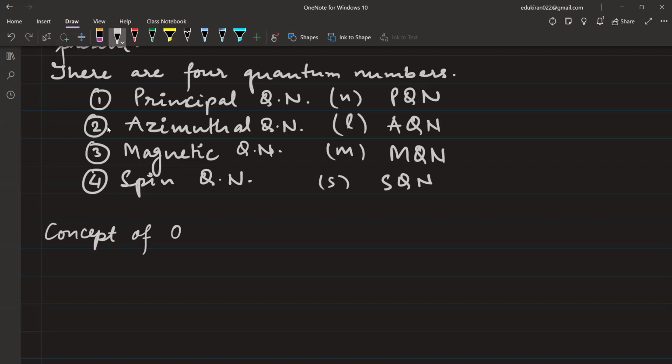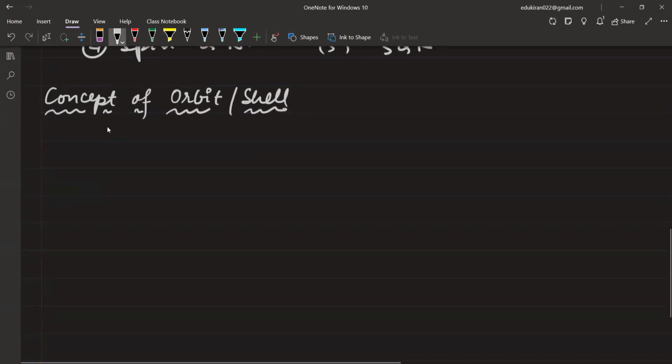Concept of orbit or shell. Now, this concept of orbit or shell, you have already seen in your previous classes also. It's not something new, but we can define it in a new way. What is this? Please write.